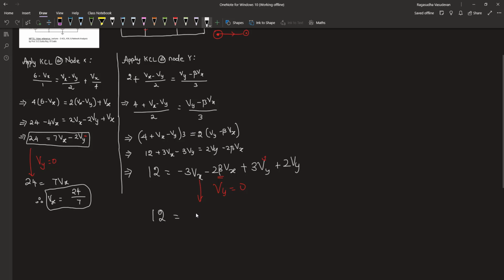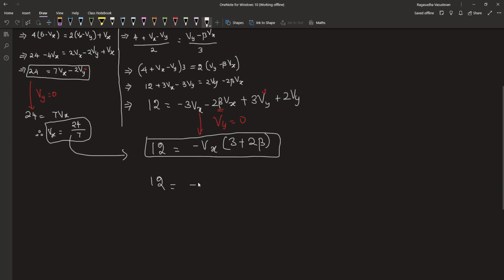So 12 will be minus Vx times 3 plus 2 beta. This is the equation of Y when Vy is given as 0. We know the value of Vx. So let's substitute that. So 12 will be minus 24 by 7 times 3 plus 2 beta.